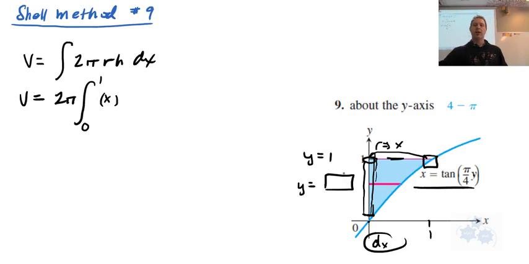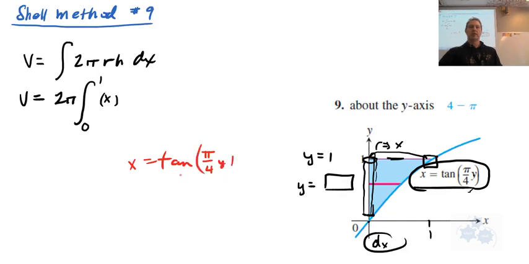Now, as I mentioned, we have to take this and write it in terms of y. So how are we going to do that? Well, let's just do that over here, and I'll erase it later. So this is our function. In order to get rid of this tan, we're going to do tan to the negative 1 of both sides, which is actually arctan.